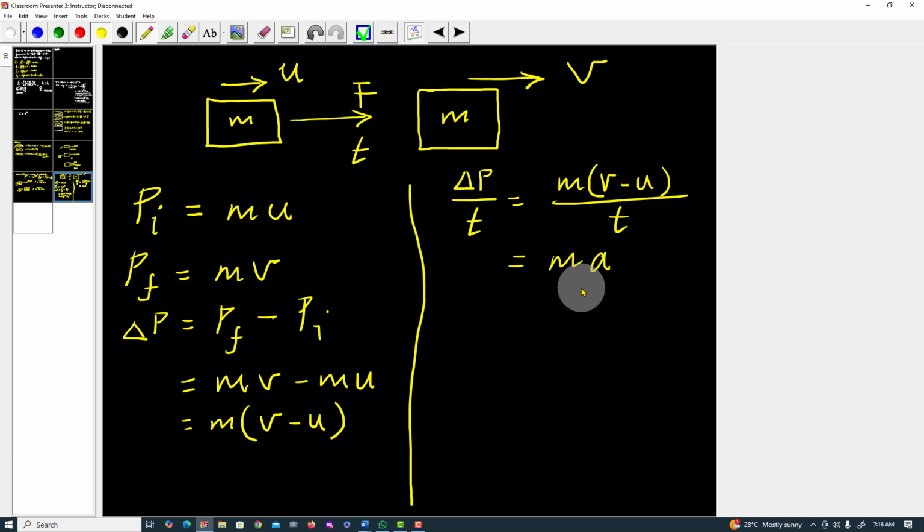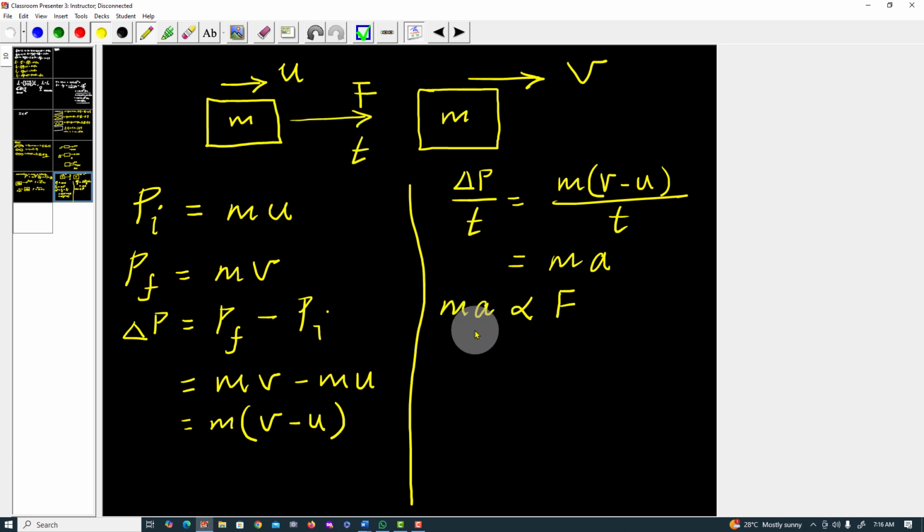It's at this point that we would like to introduce Newton's second law of motion, because it gives us the relationship between the force and this rate of change of momentum. Newton's second law of motion states that this rate of change of momentum, ma, is directly proportional to the resultant external force acting on that object.